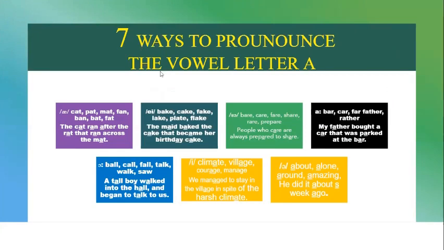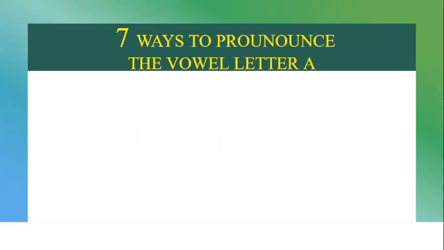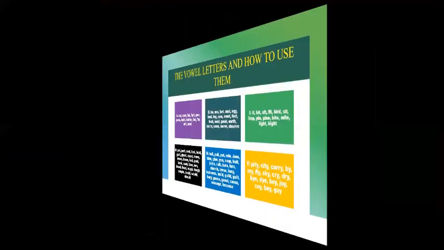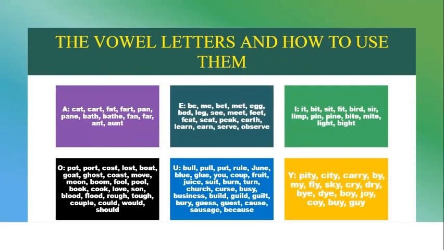And this brings us to the 7 ways to pronounce the vowel letter A. Don't forget that we have looked at the vowel letters generally and how to use them. The vowel letters are 5 of them. Then we have the semi-vowel Y, which we have just added.